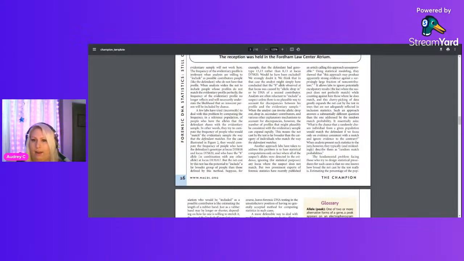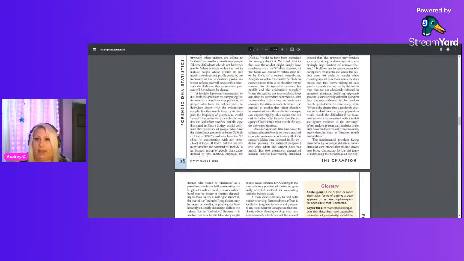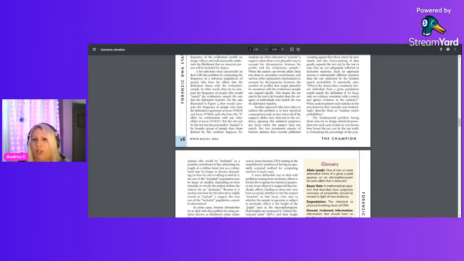When analysts present such statistics to the jury, however, they typically and misleadingly describe them as random match probabilities. The fundamental problem facing those who try to design statistical procedures for such cases is that no one knows how broad the net cast by the test really is.